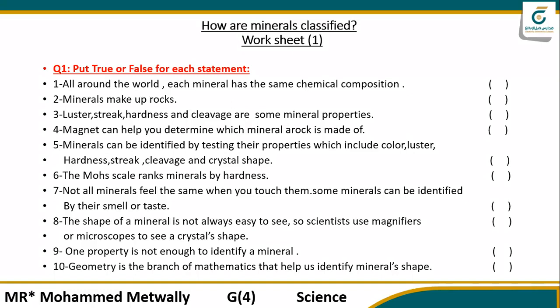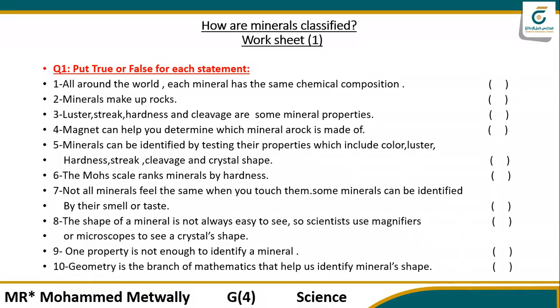Point number 4, magnet can help you determine which mineral a rock is made of. Of course, because like we said, minerals make up rocks, so magnet can help you to determine which mineral a rock is made of. It's also a property of minerals.